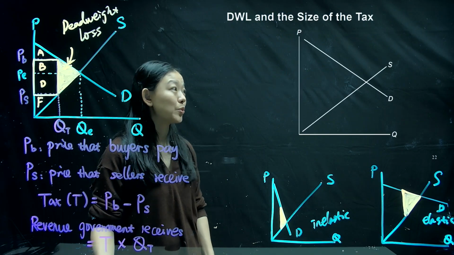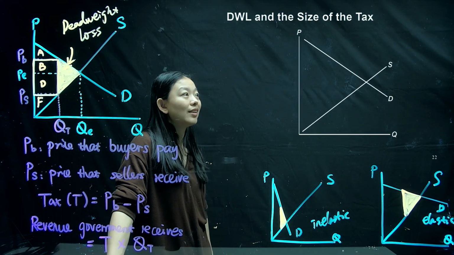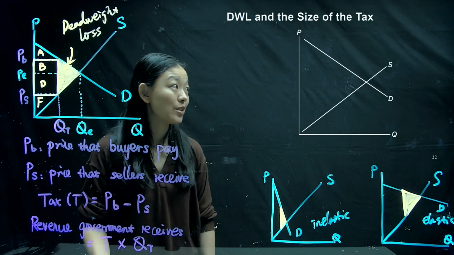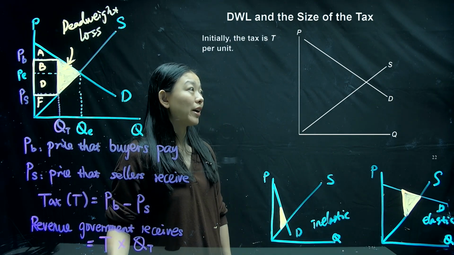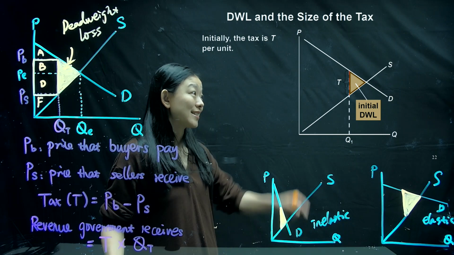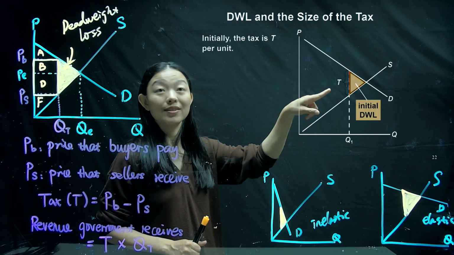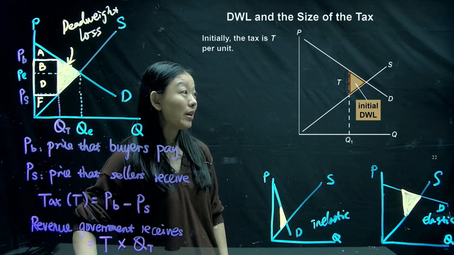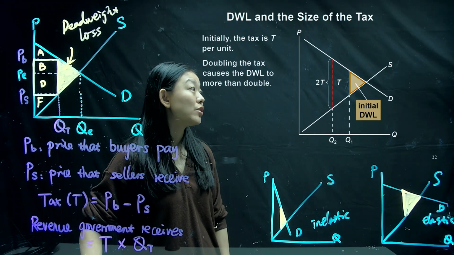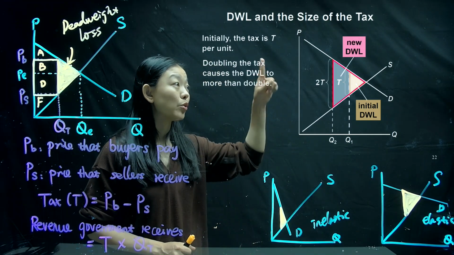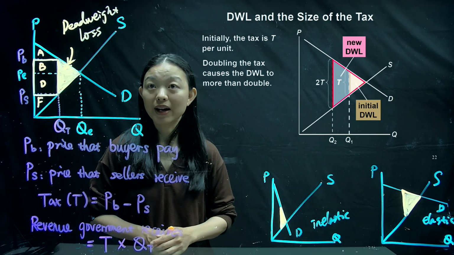So let's look at this one: the deadweight loss and the size of the tax. Initially, we assume the government imposed a tax rate at T, and then it will result in the deadweight loss, right? Now the government tries to double the tax rate, then it will result in a new deadweight loss, right?